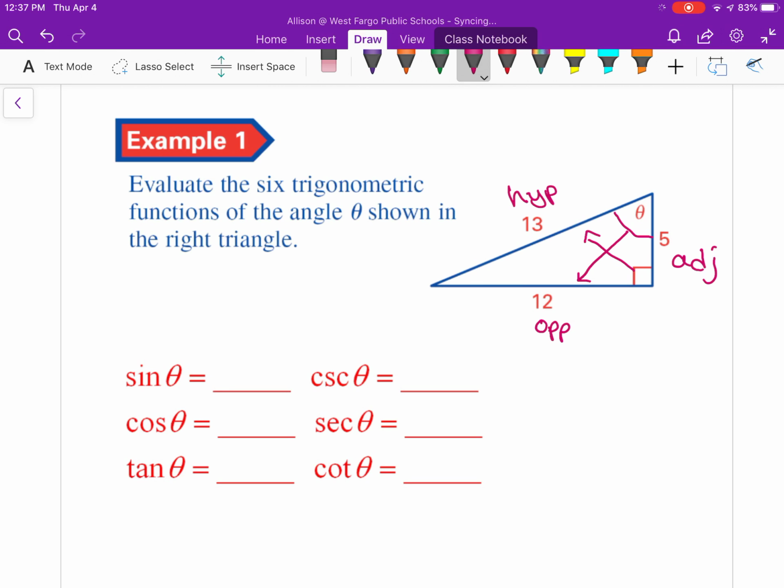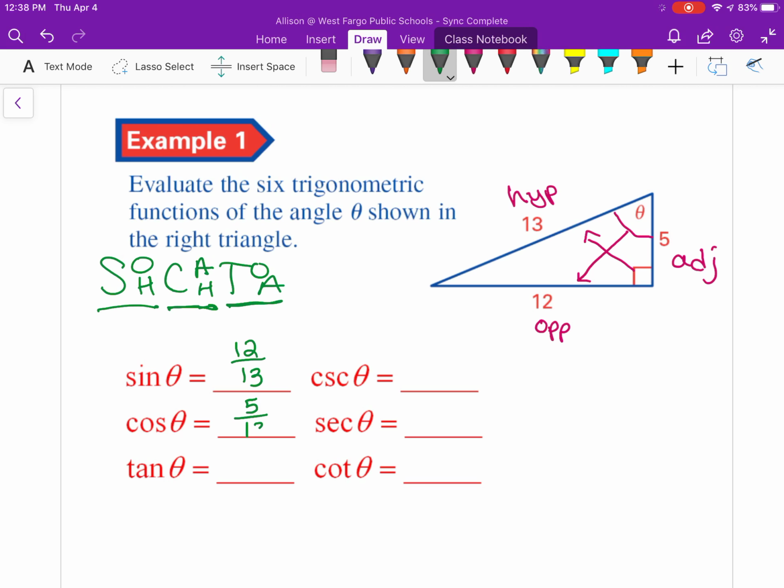So labeling those first, and remembering Sohcahtoa: sine is opposite over hypotenuse, or 12 over 13. Cosine is adjacent over hypotenuse, so 5 over 13. Tangent is opposite over adjacent, so 12 over 5.